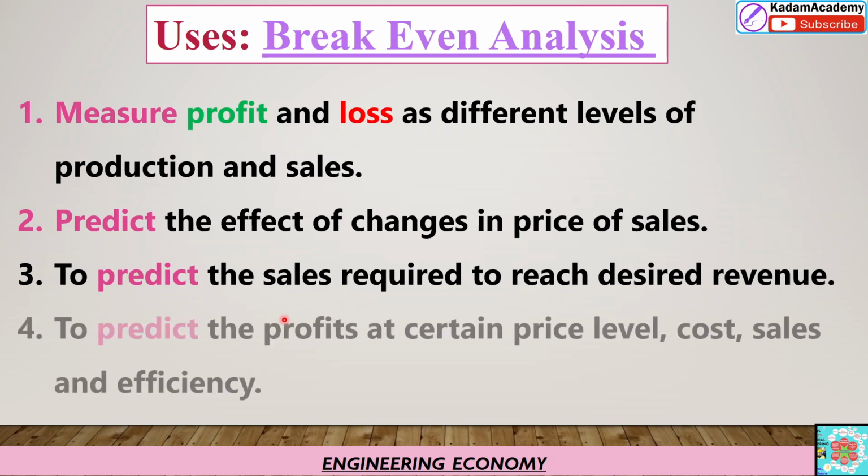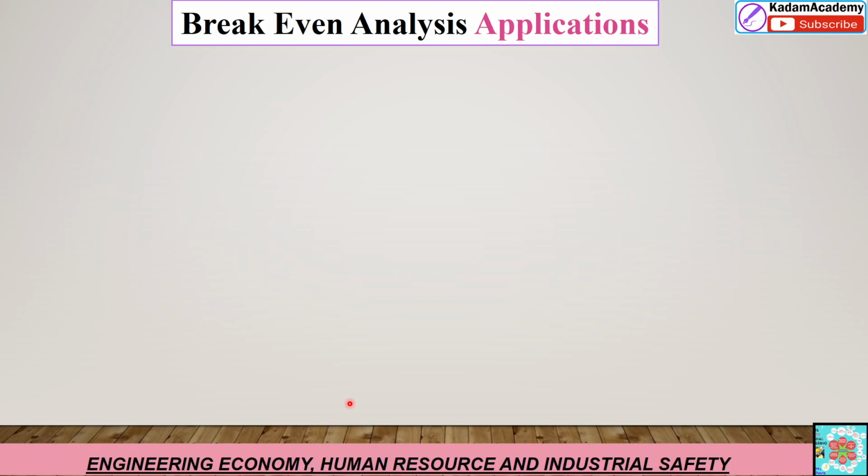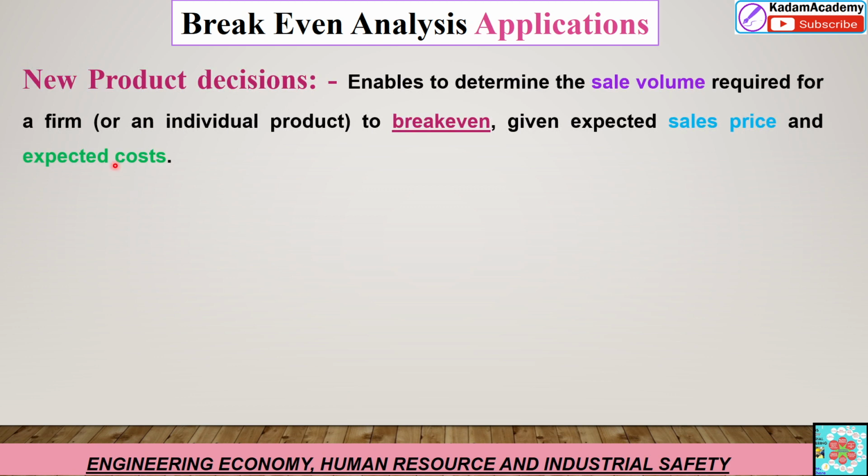Okay, so now we'll see what is the use. They predict the profits at a certain price level or the cost of the sales and efficiency. We can predict the effect on the profitability. Now we can see the various applications.